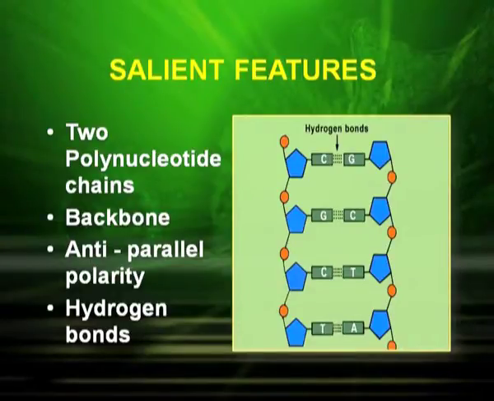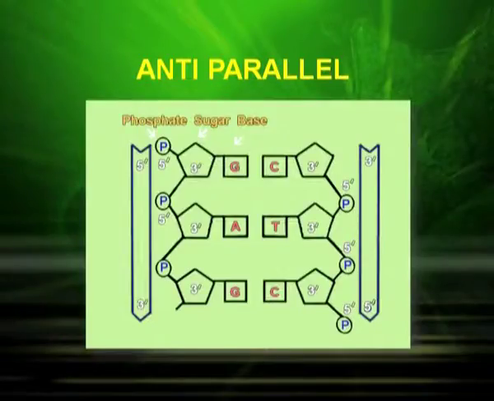As you can clearly see in the picture, between A and T there is a double bond and between G and C there is a triple bond. So, the following diagram shows the anti-parallel features of the DNA, 5' to 3' and from 3' to 5'.